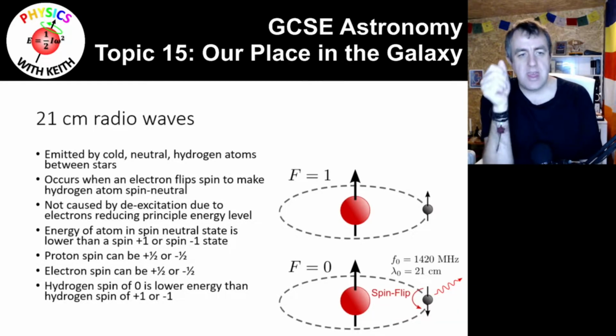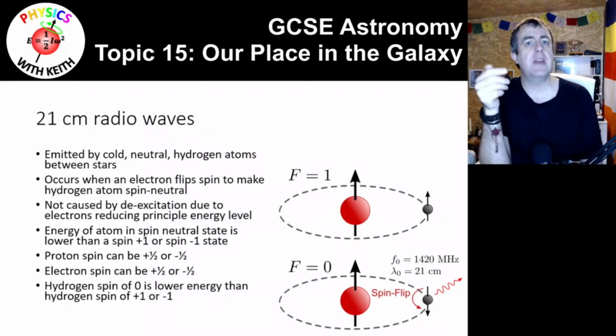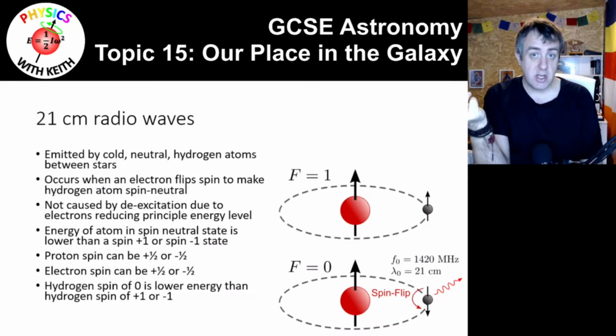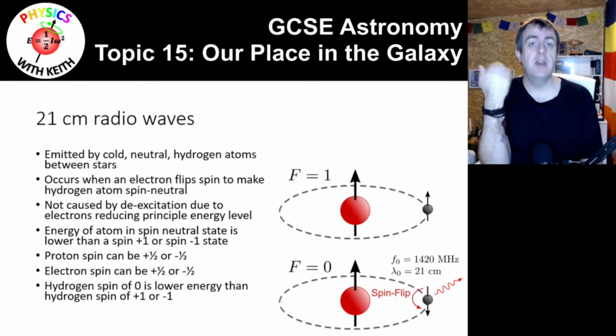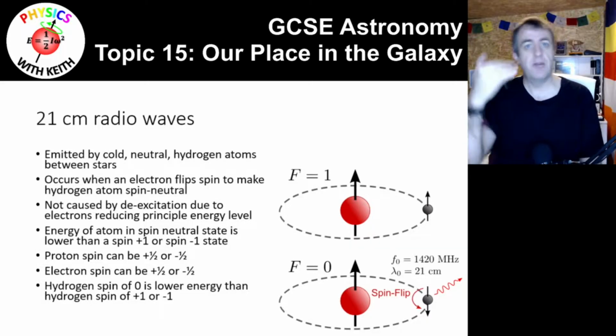Now, where this electromagnetic radiation comes from is absolutely fascinating. Usually when we think of electromagnetic radiation being emitted by atoms, it's because of de-excitation, which is where electrons reduce their energy level, and the light that is emitted is in packets of energy equal to the reduction in energy of the electrons.